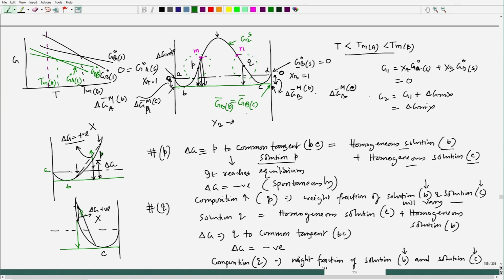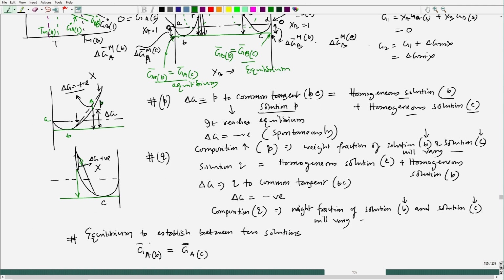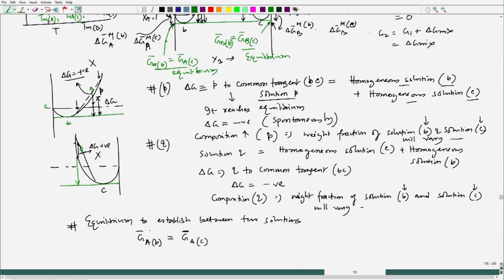Similarly, at this location I can put a condition like G_A bar of composition B should be equal to G_A bar of composition C. So, we see that on the common tangent we have equilibrium. So, this is equilibrium, this is also equilibrium. Fine. And hence this I can write.